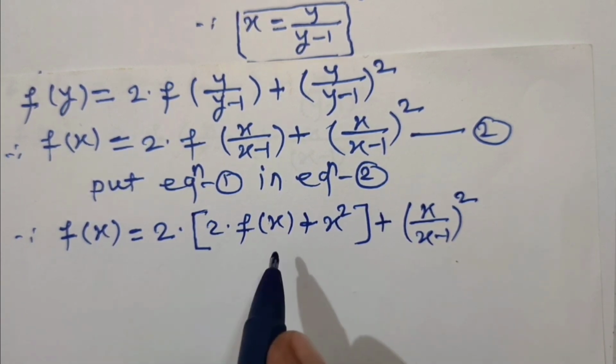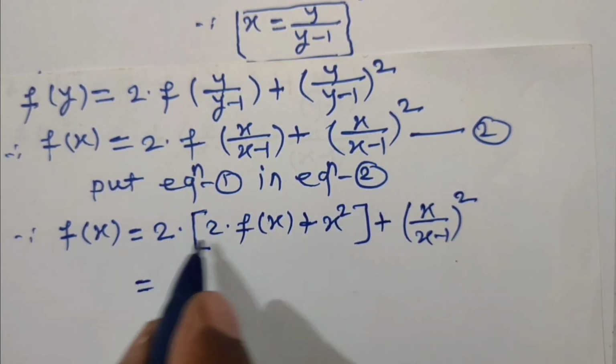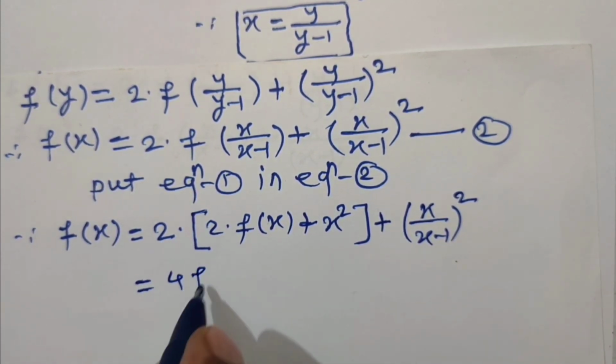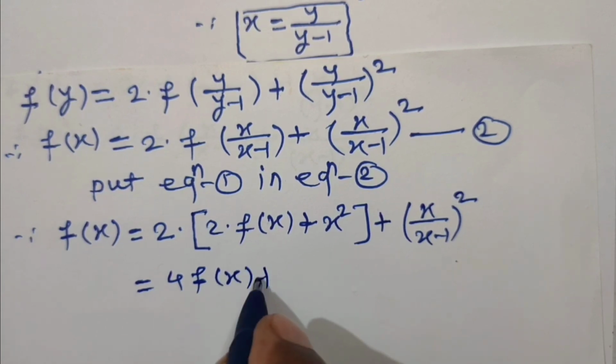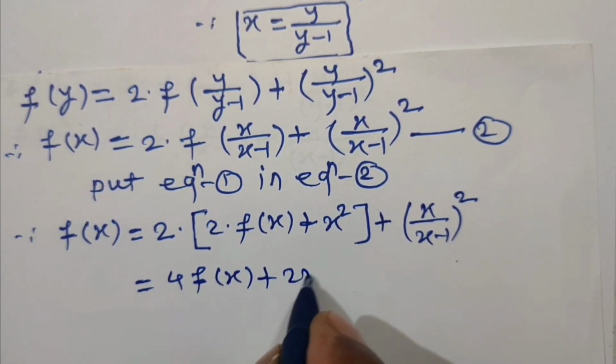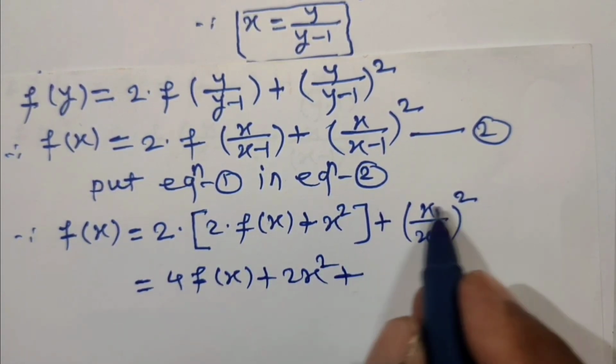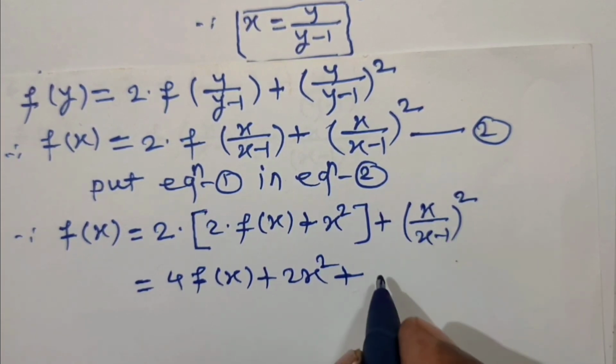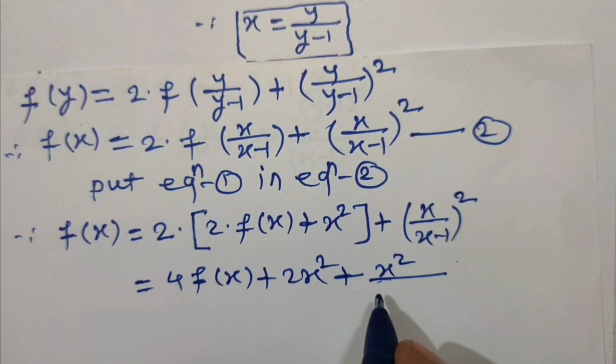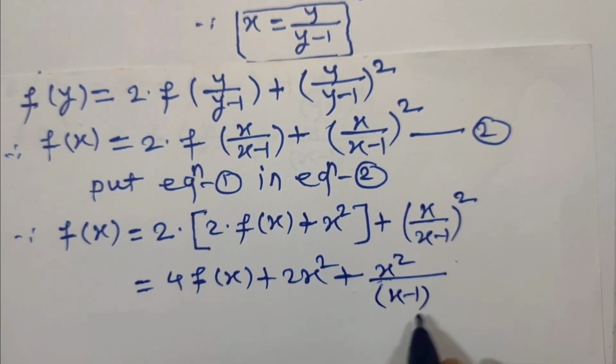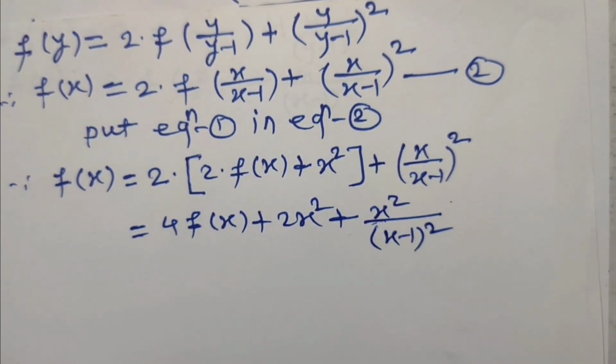Now we can simplify this. This is equal to 2 into 2, 4 times f of x plus 2 into x square, 2x square plus square of this bracket, x square in numerator divided by x minus 1 square in denominator. Again simplify this.